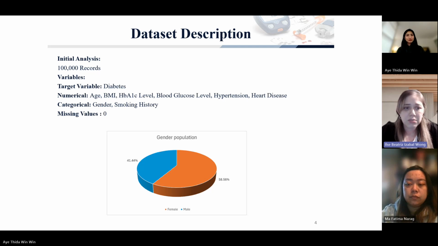For the categorical variables, we only found two of them: one was gender and the other was smoking history. There were no missing values in this dataset, and we had 58% females and 41% males. Next, please.